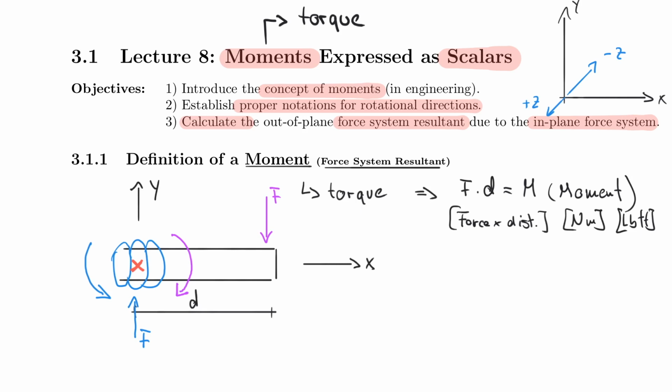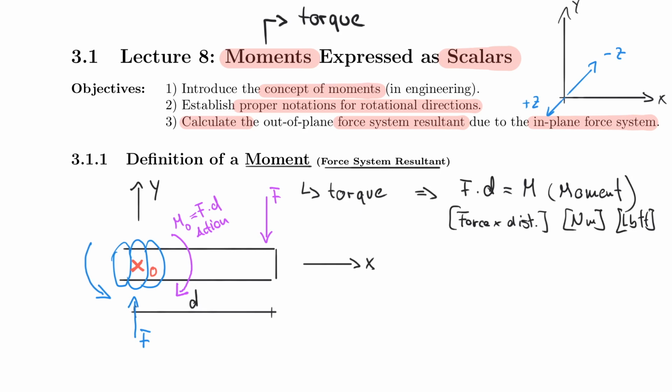So let's put that in words, and let's write that this here is M about point O, let's say, which is F times D. And that is the action moment. So this is the result of the force times the lever arm. And I say it again, this force and this lever arm about this point O here, let me highlight that point and let's call that O. So about that point O is actually acting clockwise.